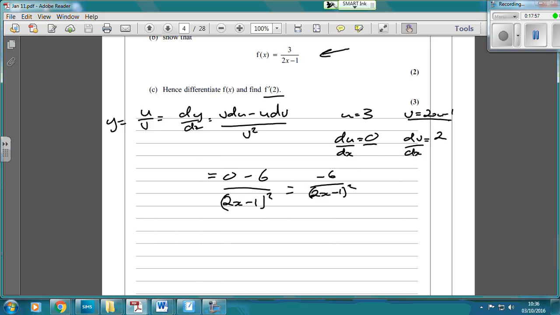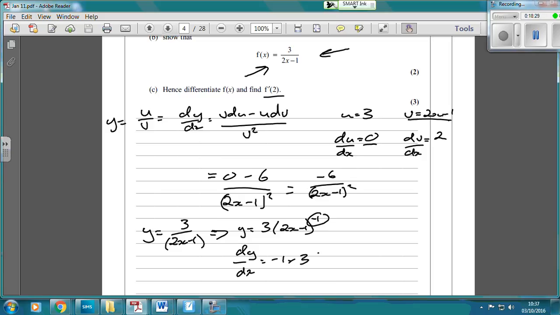And just before we go on, there's another way of doing this, and that's the chain rule. So y equals 3 over 2x minus 1, and you can write that as 3 bracket 2x minus 1 to the power of minus 1. If you bring things up, that makes it a negative power. Then dy by dx, you bring this power down, so it's minus 1 times 3 lots of 2x minus 1, then bring the power down by 1.